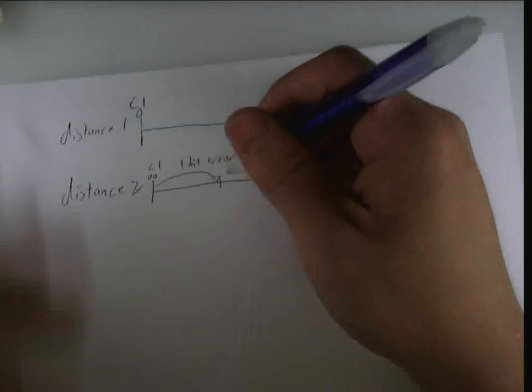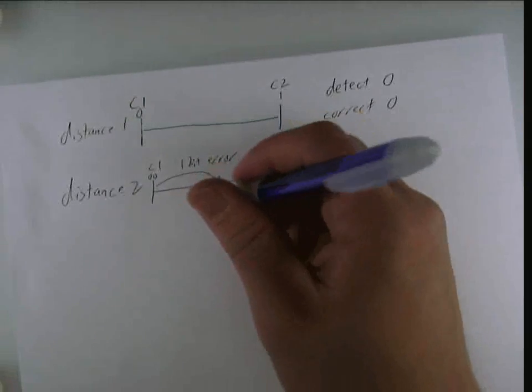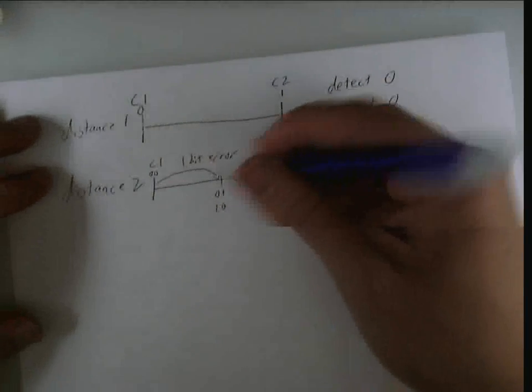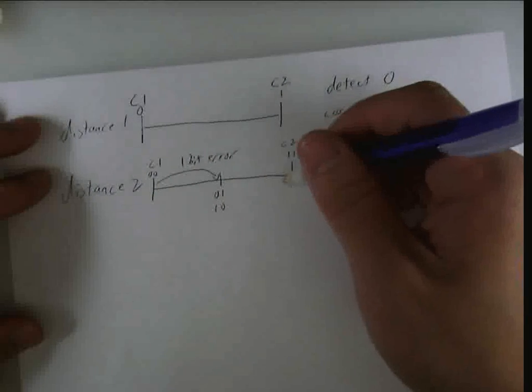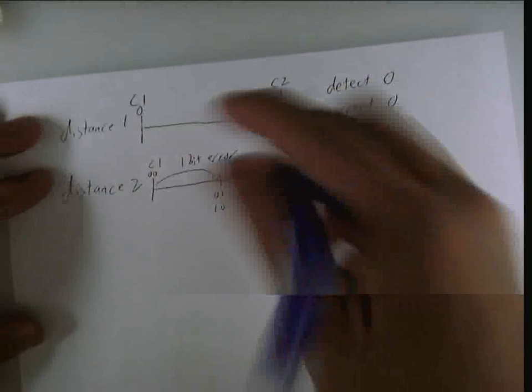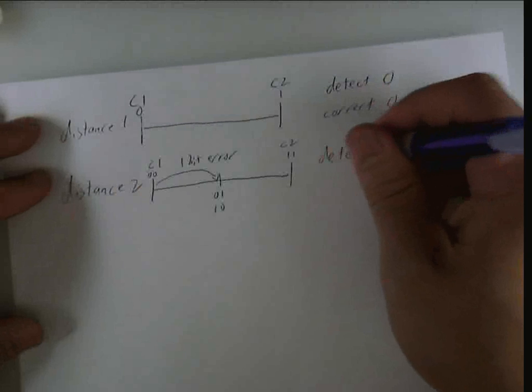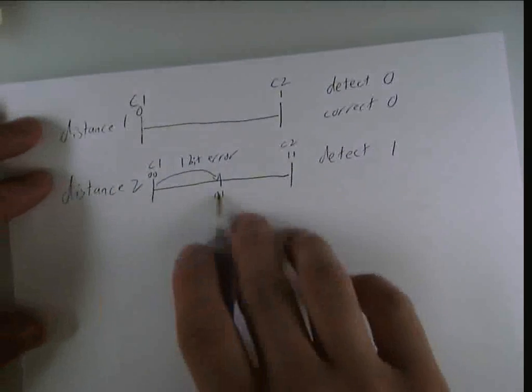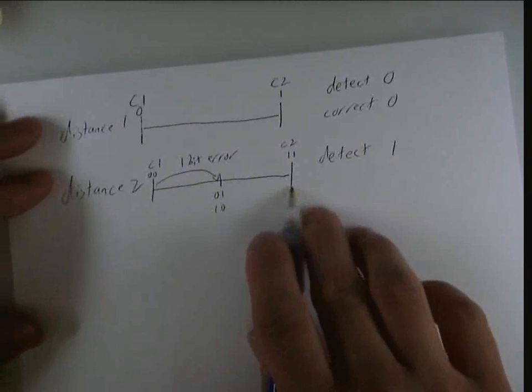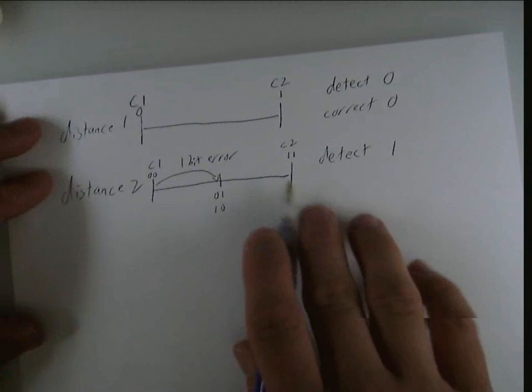I've switched to here, which could be, let's say, 0 1 or 1 0, but I'm not at a valid code word. So I know that an error has occurred because I'm not at either one of these endpoints. I can detect that one error has occurred, but if 2 errors occurred, I'm at another valid code word, so I can't actually detect any more.